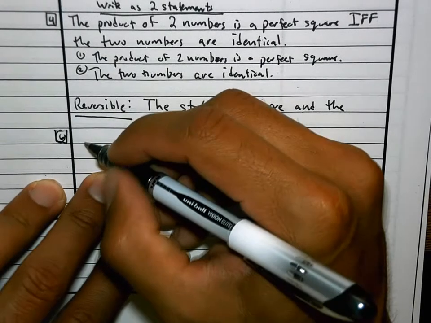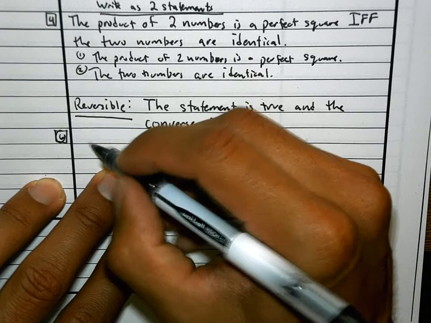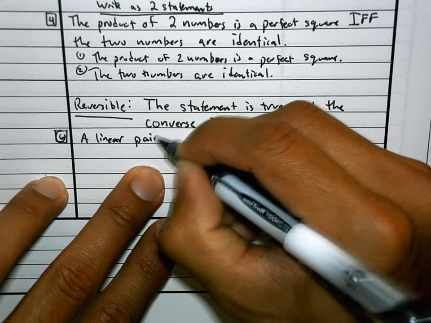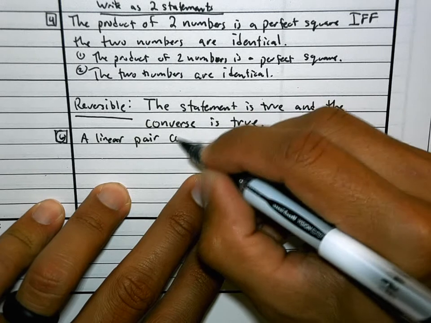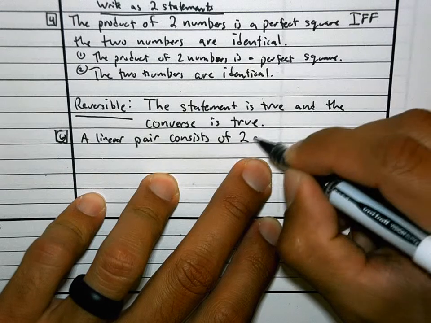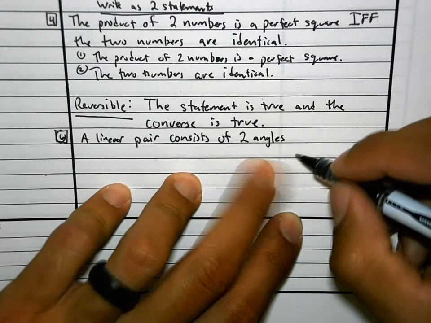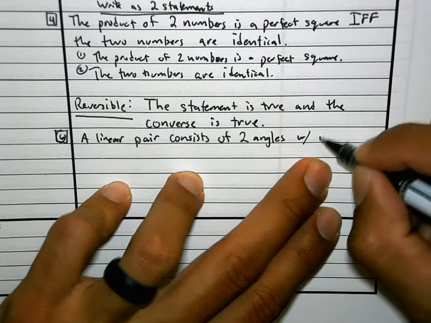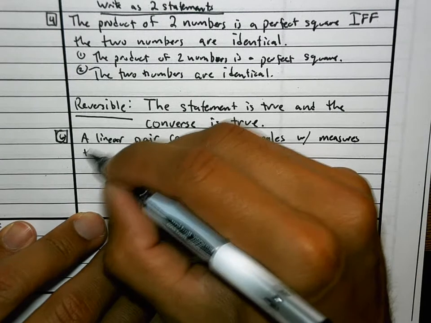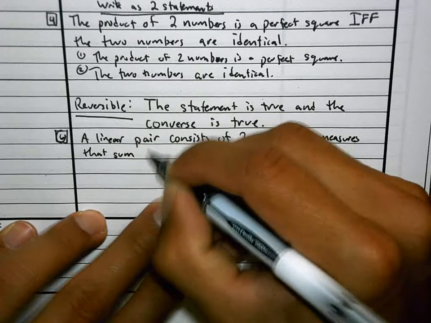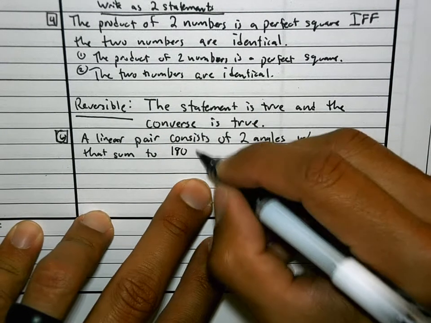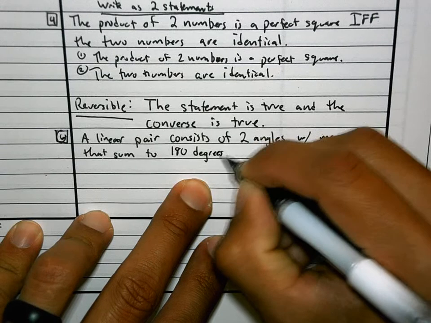Is it reversible? A linear pair consists of two angles with measures that sum to 180 degrees.